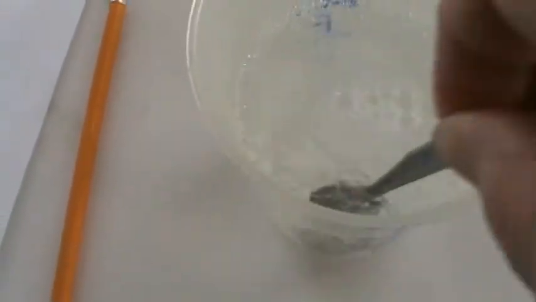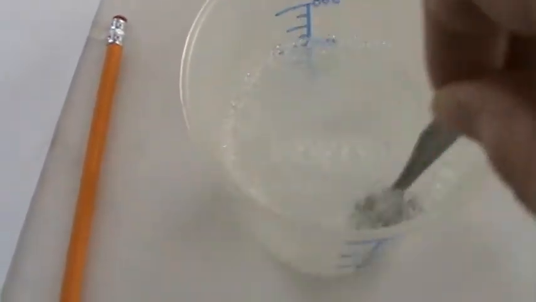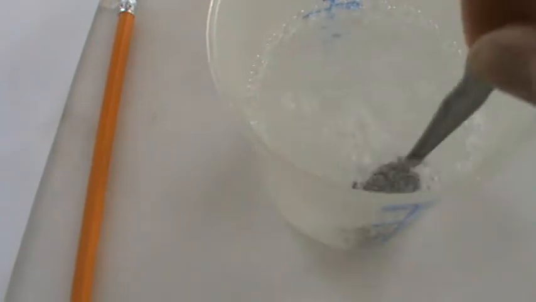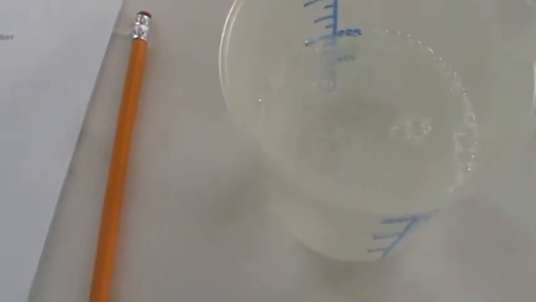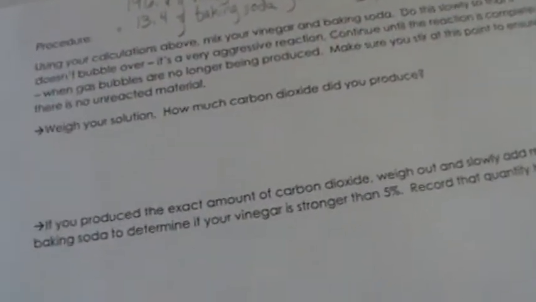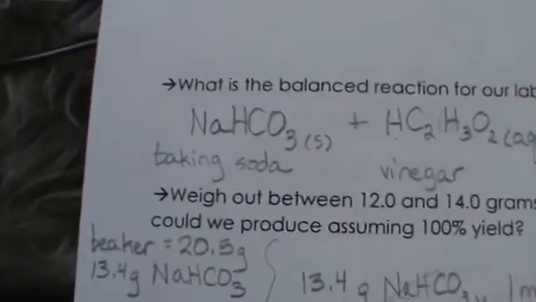And it's still bubbling, which means that the chemical reaction is still occurring. I'm going to move my spoon. Okay. Now, remember that the beaker, remember over here, that beaker equals 20.5.